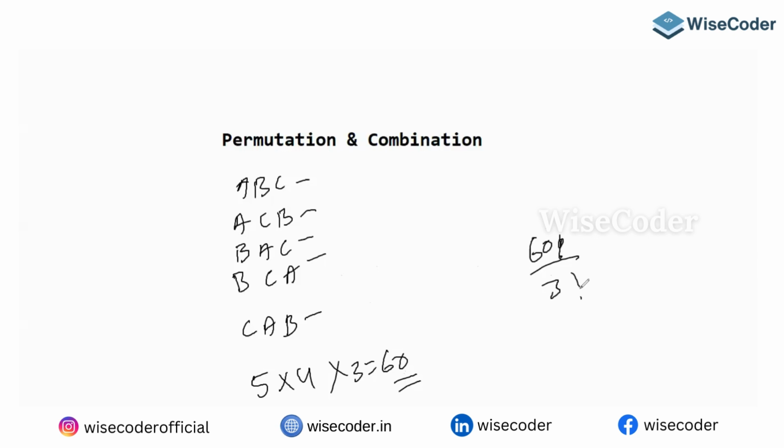So select 3 people out of 5, and now arrange the 3 selected people among themselves.